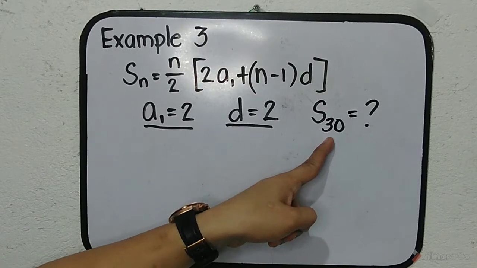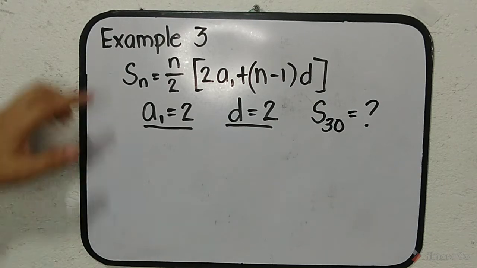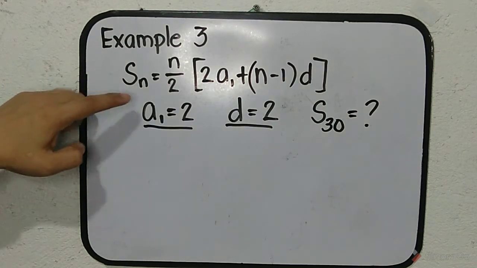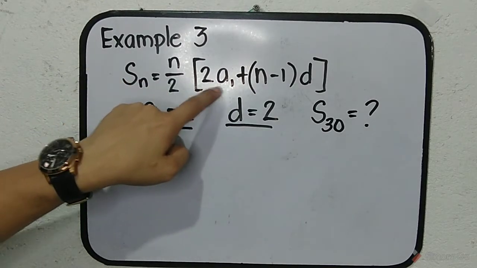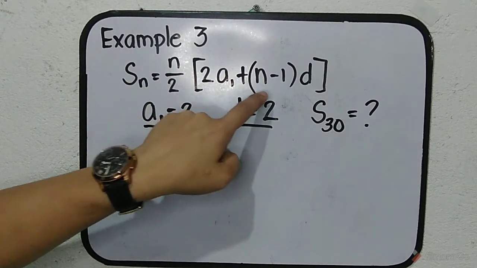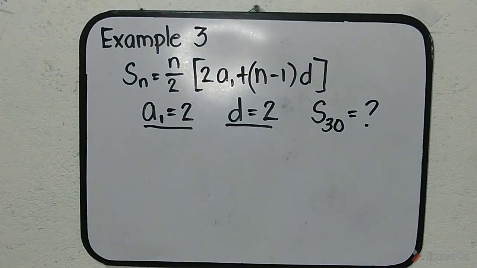So, anong kailangan natin gamitin na formula? This time, gagamitin na natin yung ating pangalawang formula, which is S sub n is equal to n over 2 times 2a sub 1 plus quantity n minus 1 times d or yung common difference. Once again, ipinapaalala ko na hindi ibinigay sa atin ang ating last term.